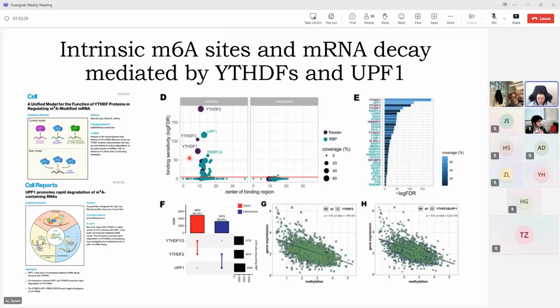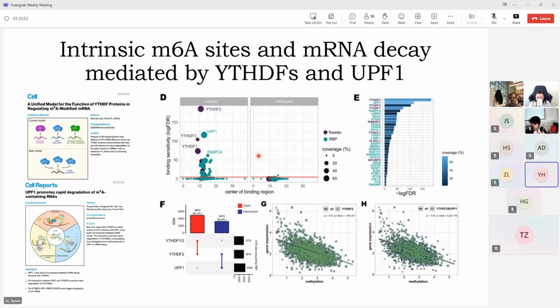There are other enriched proteins, but if we compare infrequent sites and gene expression data together, we conclude that these could be the main downstream function associated with the intrinsic site. I see. Okay, great. Thank you.